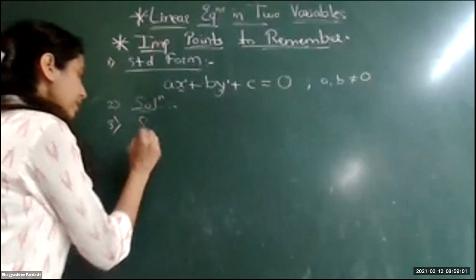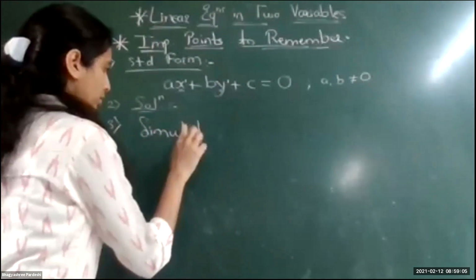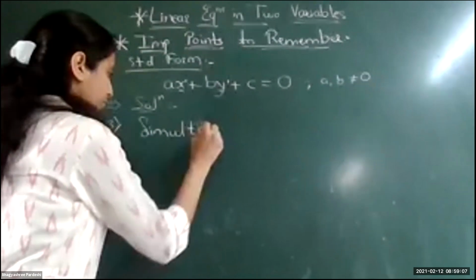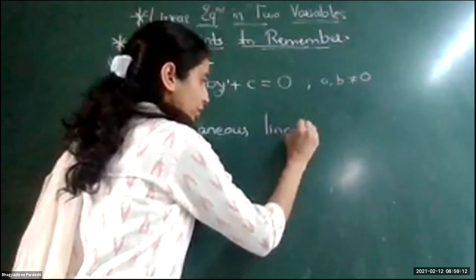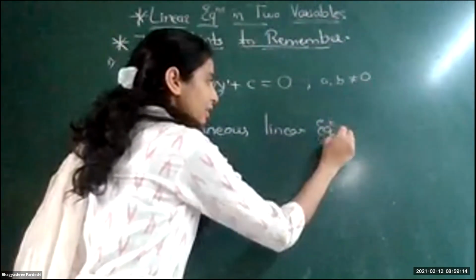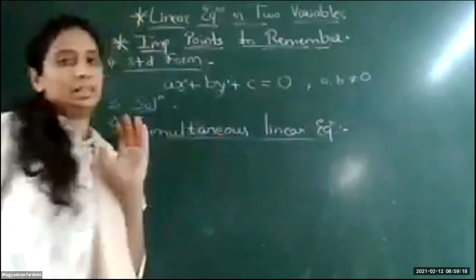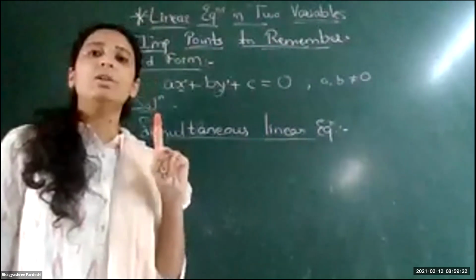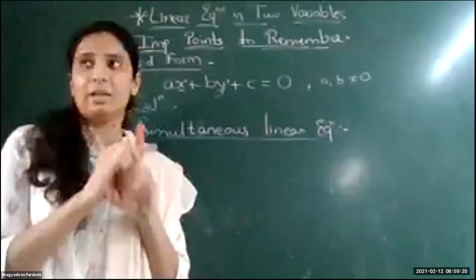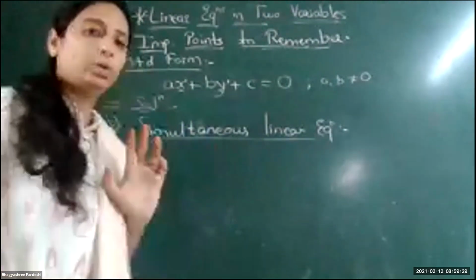Now, the next important thing is the simultaneous linear equation. What is a simultaneous linear equation? When the word simultaneous comes, instead of one linear equation, we will require two linear equations. Make it very clear: when we say simultaneous, there will be two linear equations.